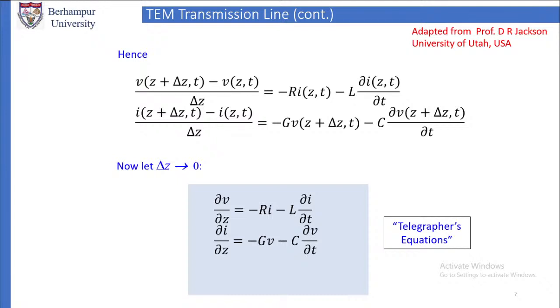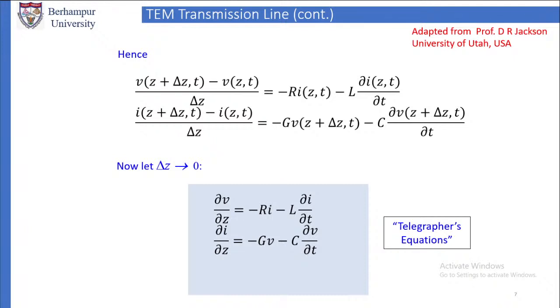This you know from calculus. How do you define a derivative? If the derivative is dy/dx, you define that as the limit as delta x goes to 0 of delta y by delta x, where delta y is y(x plus delta x) minus y(x). So from that formula you use it here.